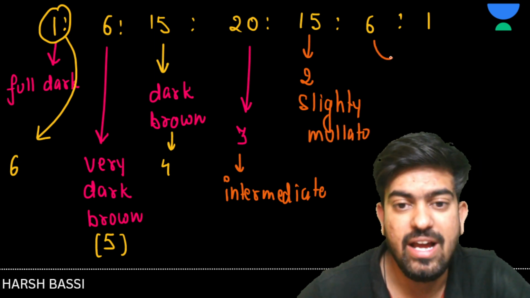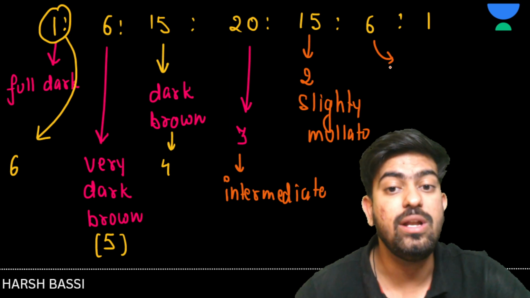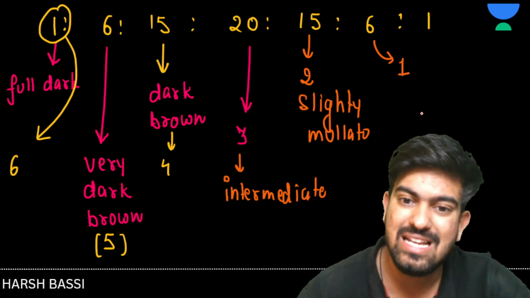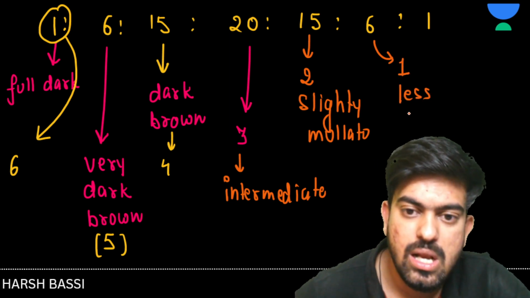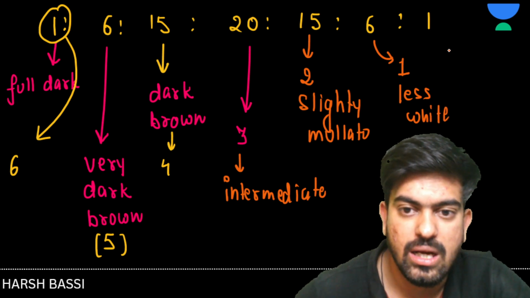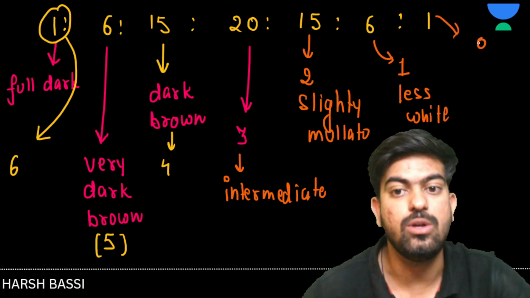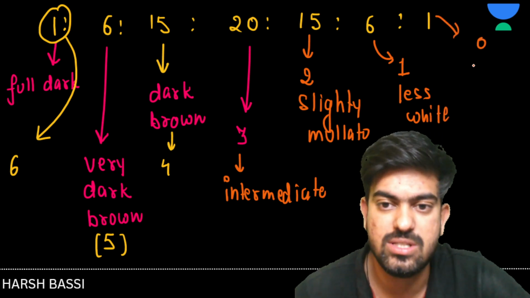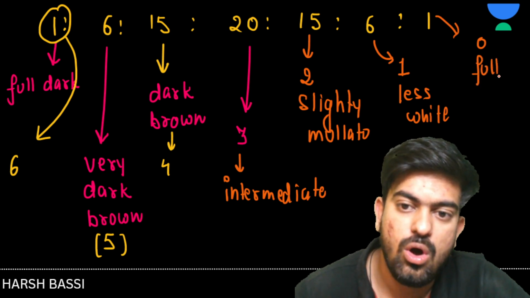Then we have this one, where only 1 is dominant, so less white, and this is no dominant, 0. All the alleles are recessive, so it will be full fair or full white.